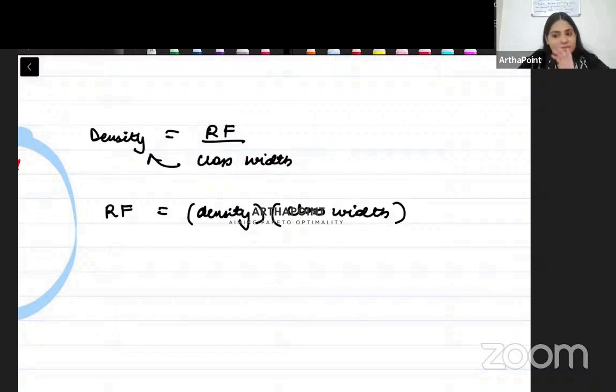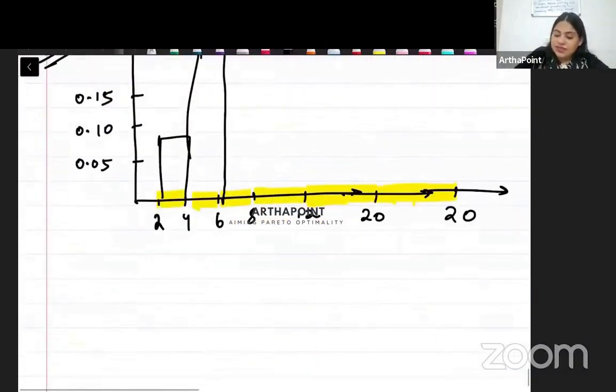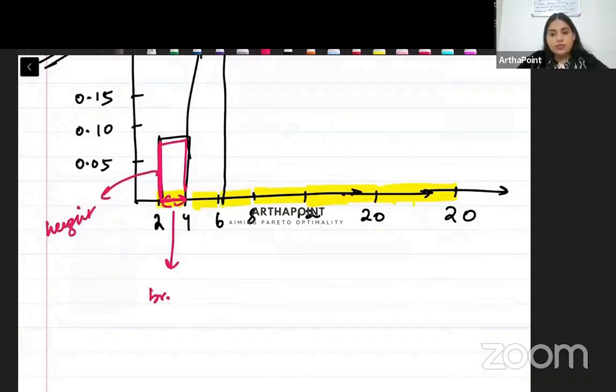अब ध्यान से समझ के बताओ कि जो मेरी क्लास की विड्थ है, ये इस रेक्टेंगल की ब्रेथ है ना. So this is the breadth of the rectangle. और जो मेरी यहां पे डेंसिटी है वो इस रेक्टेंगल की हाइट है ना.